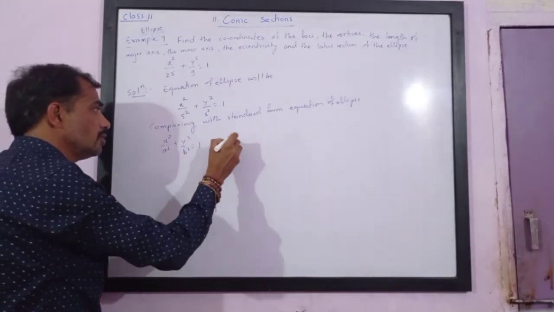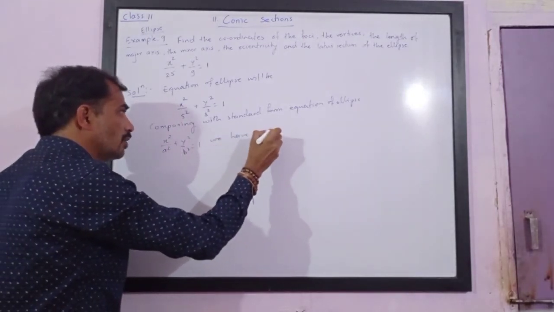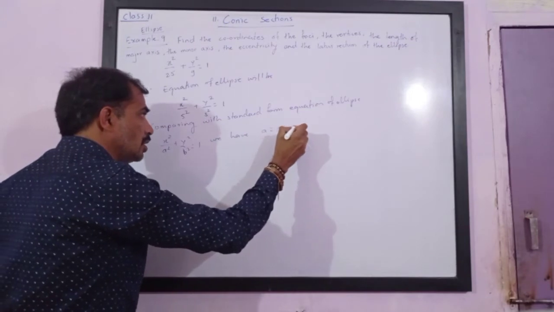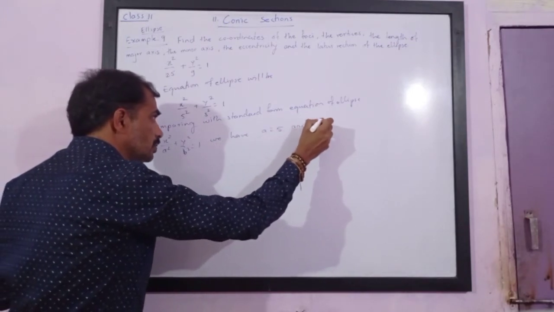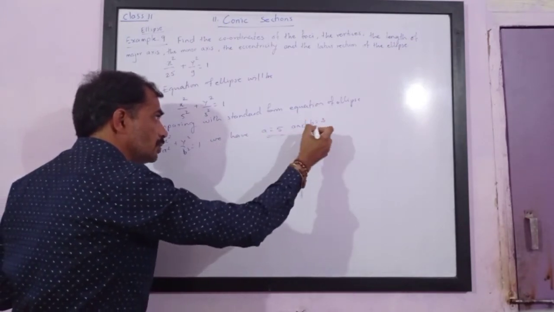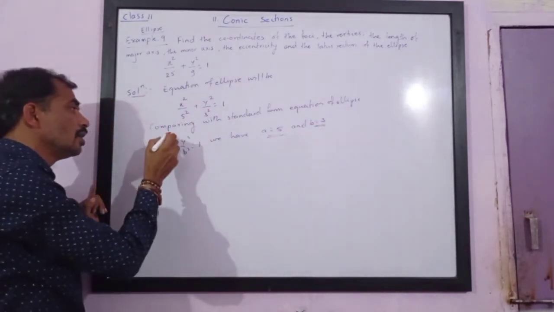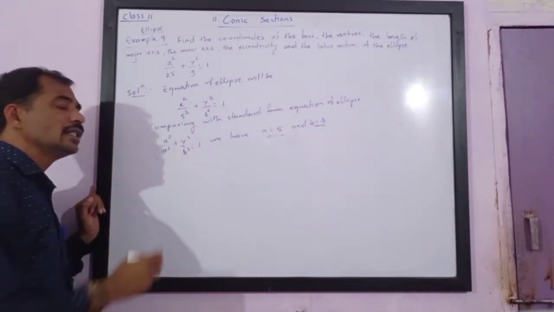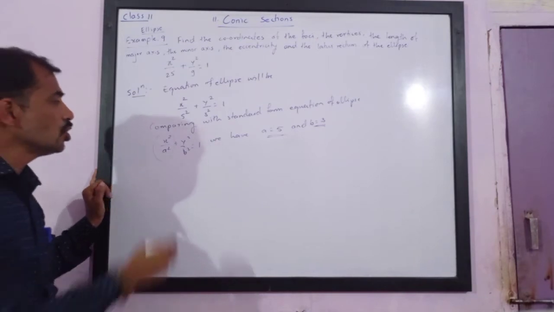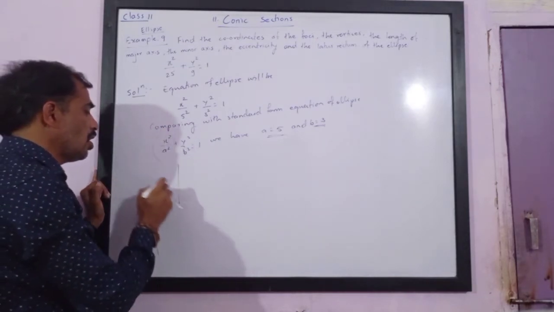We have a is equal to 5 and b is equal to 3. Please note, the denominator of x is bigger, so the major axis is along the x-axis.